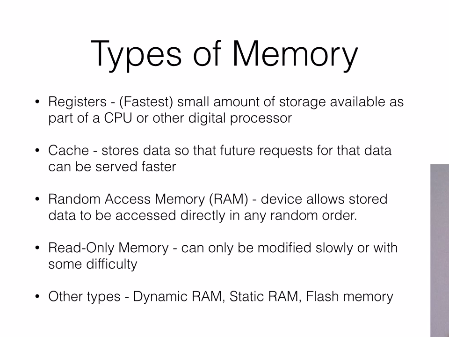Many of you have probably heard of random access memory, but you might not have heard of its cousin, read-only memory, which can only be modified slowly or with some difficulty. So it's read-only. It's usually where your operating system is stored, in non-volatile memory, where if you power it off, it doesn't matter. It stores it in a special place called read-only memory.